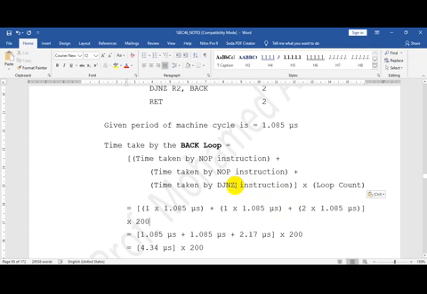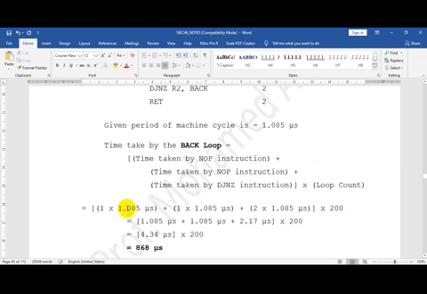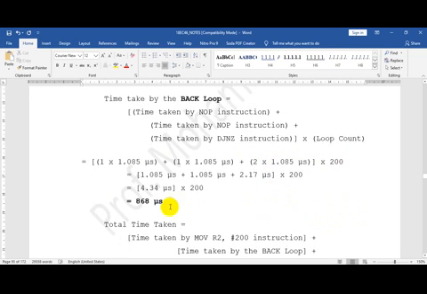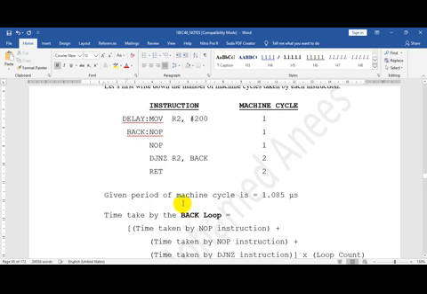Time taken by DJNZ will be 2 into 1.085. Why? Because DJNZ takes 2 machine cycles. This entire thing is multiplied by 200. If we calculate, the time taken by the loop will be 868 microseconds. This is the time taken only by the back loop.